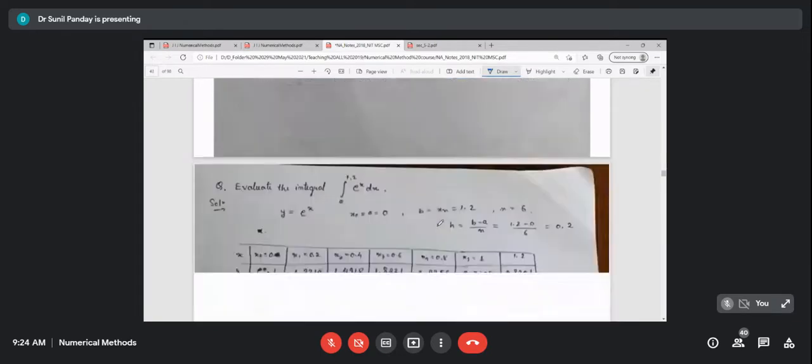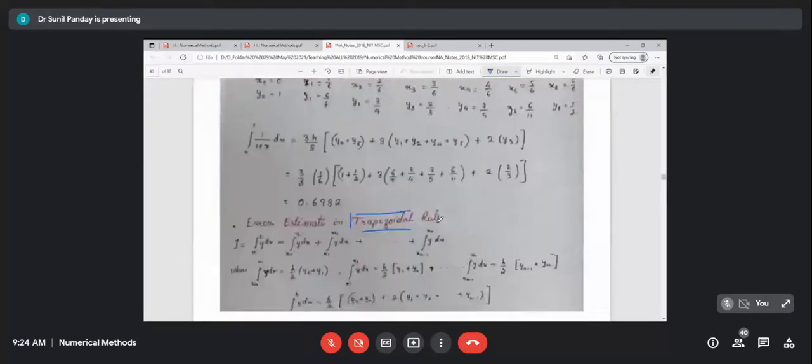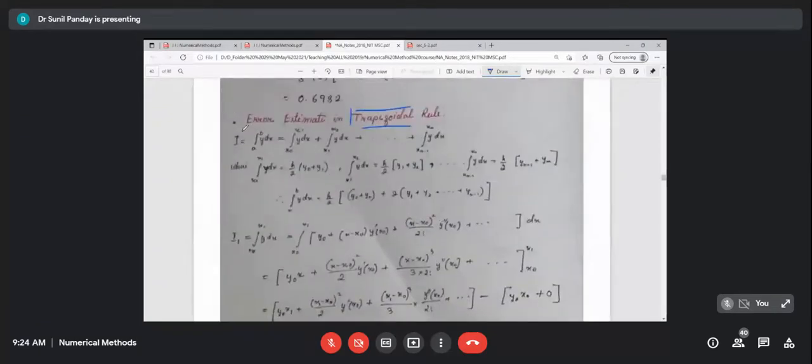So we'll establish one formula for the error of the trapezoidal method.